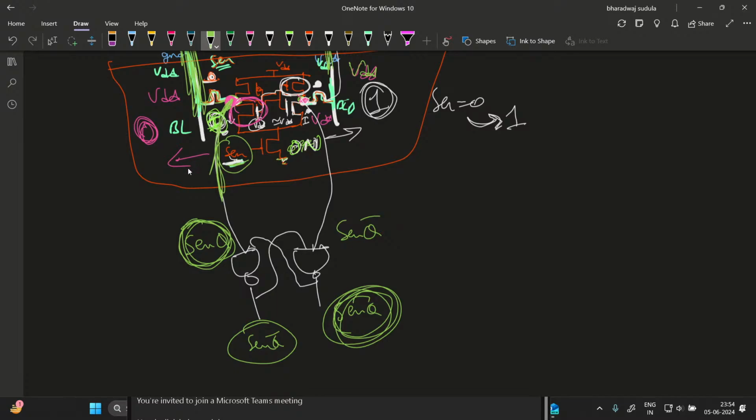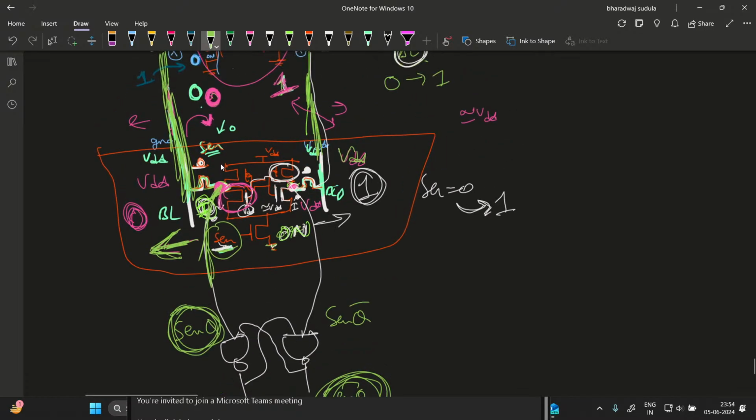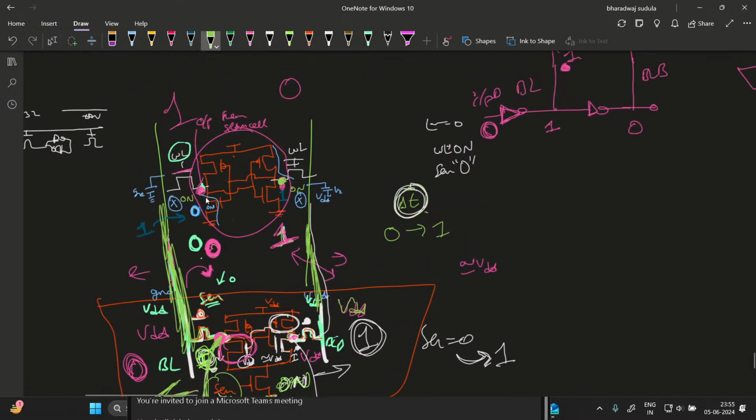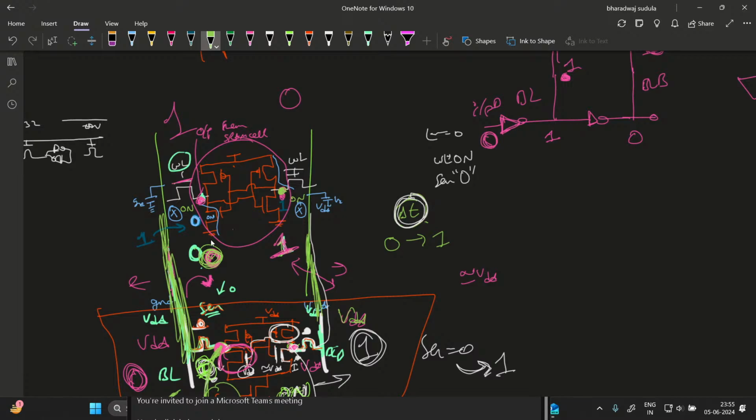Since you have fixed that the left side of the cell is your information, and you have read that from the SRAM cell on the left side, that is fixed. So you need to write in such a way that your information is passed on to the left bitline. If I have given 0, then I would get 0 here and 1 here.